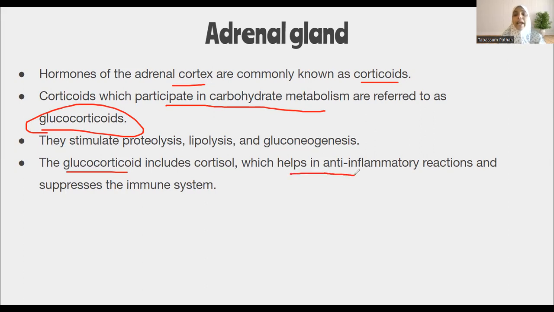By helping anti-inflammatory reactions to be carried out. So if there is any inflammation happening in the body, cortisol will try to suppress it down. In other words, it is calming the immune system, bringing the inflammation down.